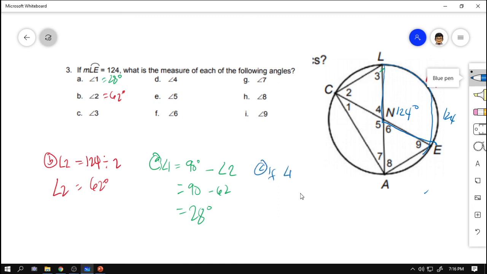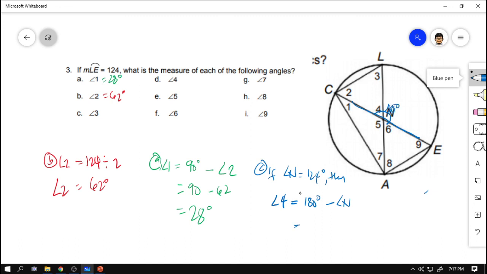So, kung si angle N, if angle N is equal to 124, then, angle 4 is equal to 180 minus 124, or should I say angle N. Bakit naging ganon? Kasi ito, diameter ulit. So, ibig sabihin ito ay 180.